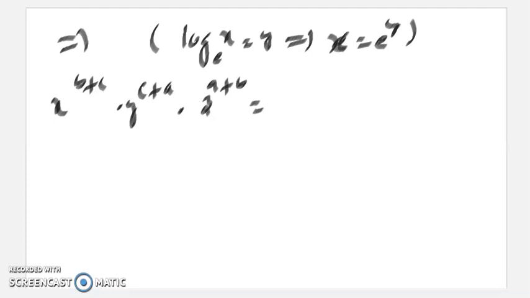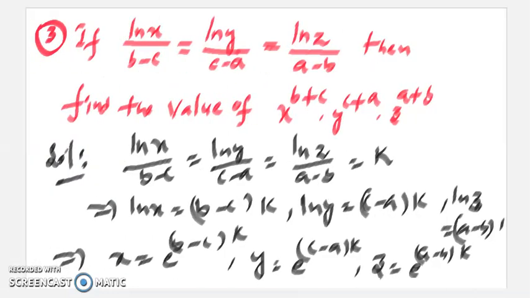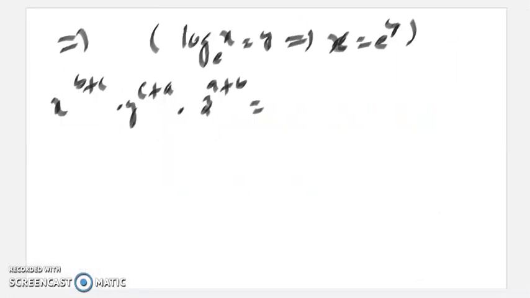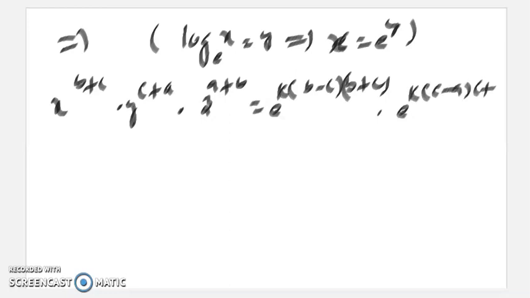so what is the x value here? e power b minus c of k, y value is this, and z value is this. Substitute these values. e power k into b minus c into b plus c, e power k into c minus a into c plus a, and z value is e power k into a minus b into a plus b.